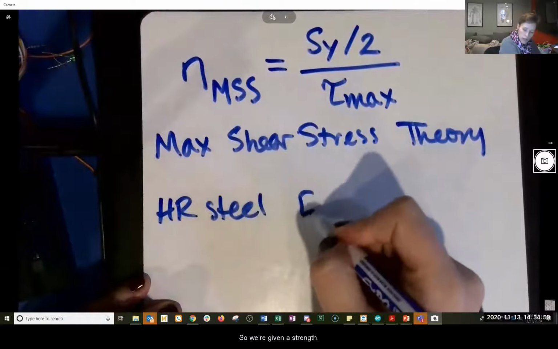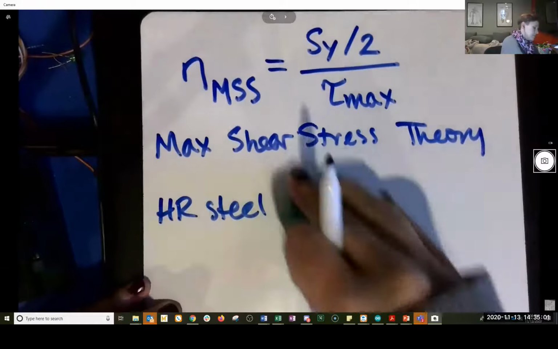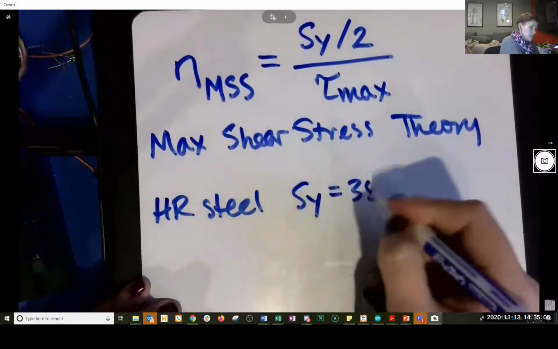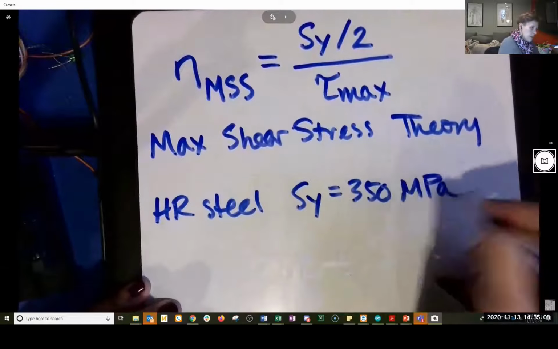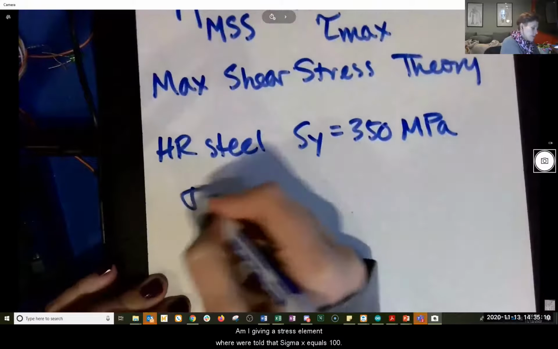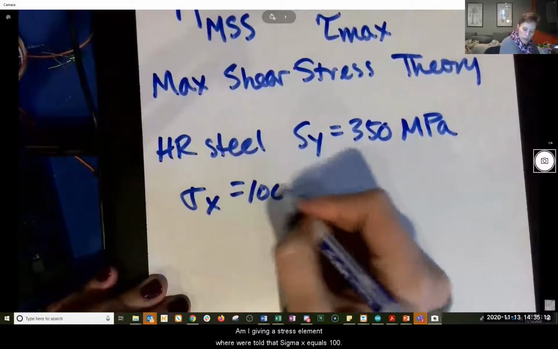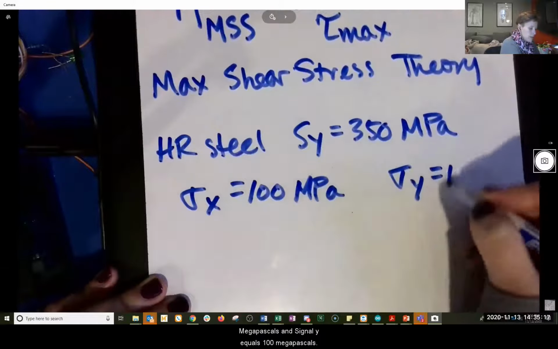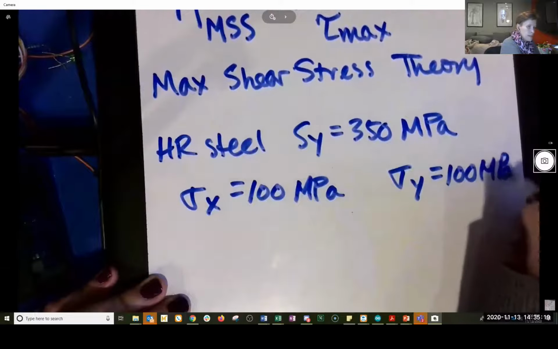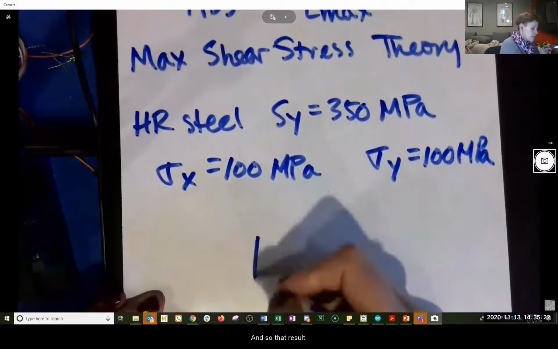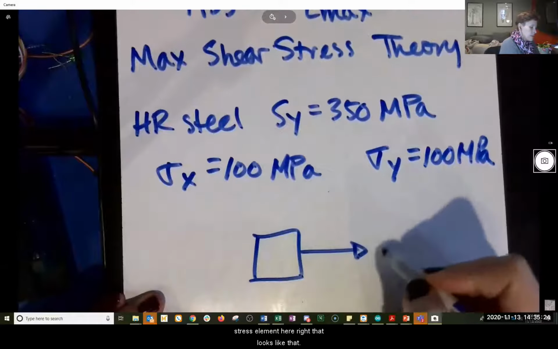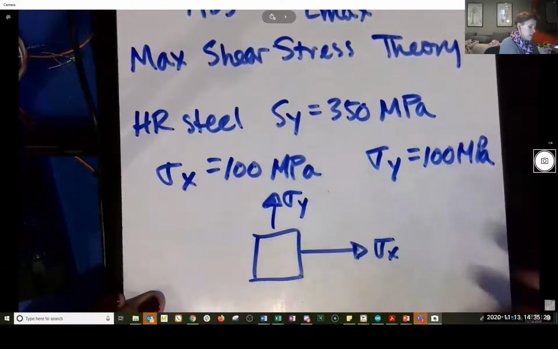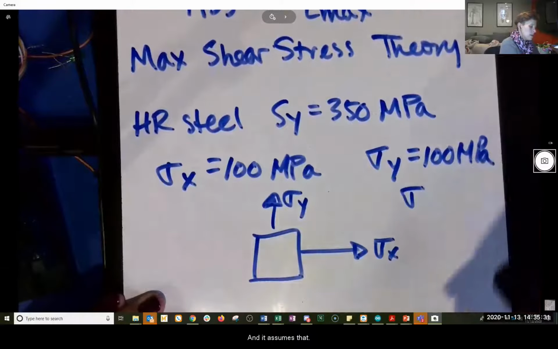We're given a strength, and we're given a stress element where sigma x equals 100 megapascals and sigma y equals 100 megapascals. And so that results in a stress element that looks like this.